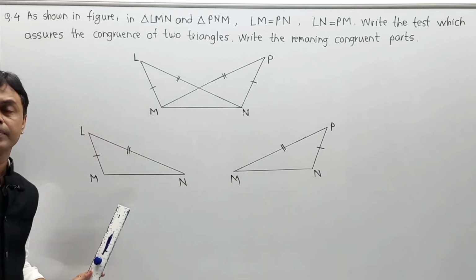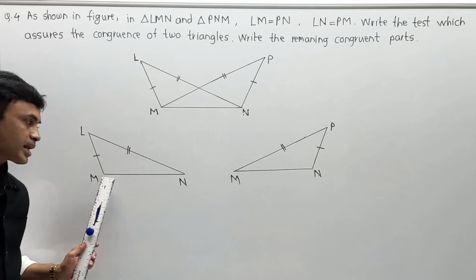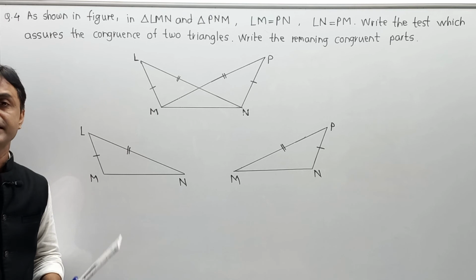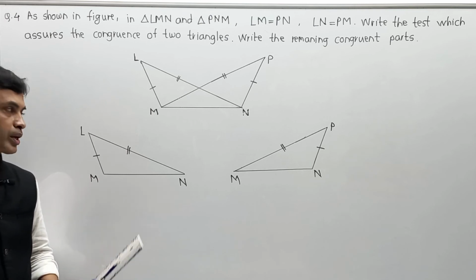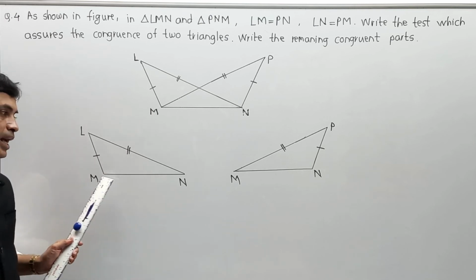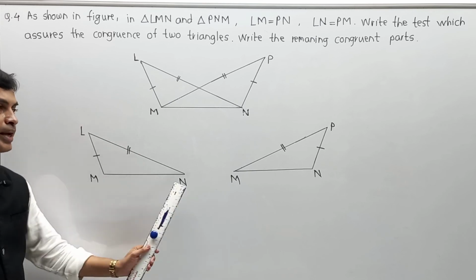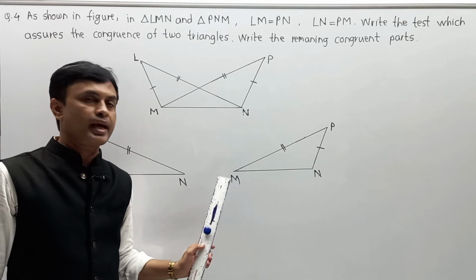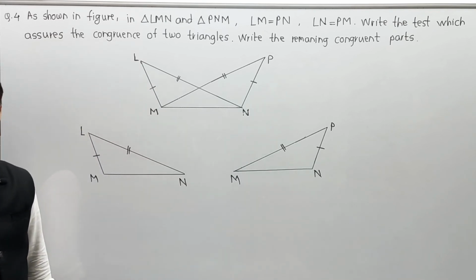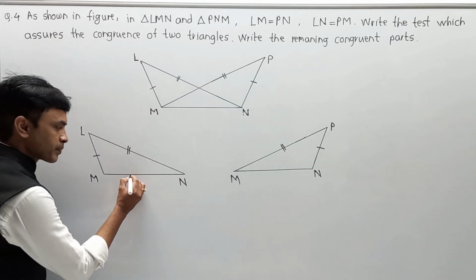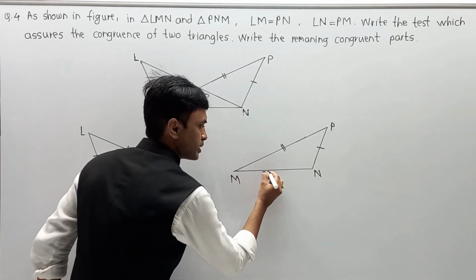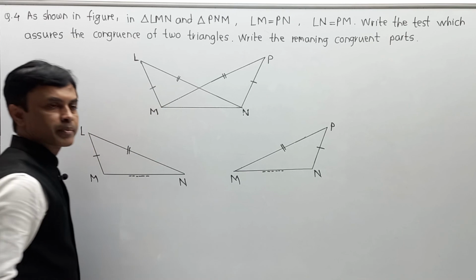MN and NM is nothing but the same side. Naturally, if it is the same side it must be congruent. So we can say that triangle LMN is congruent to PNM by SSS test of congruency, because this MN is automatically congruent with this NM.